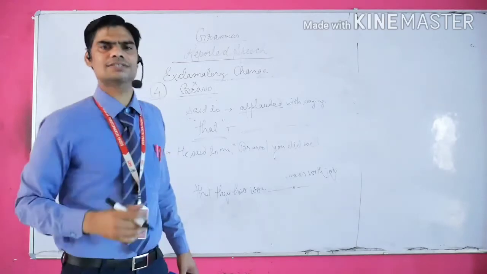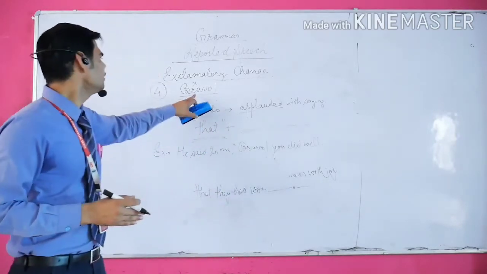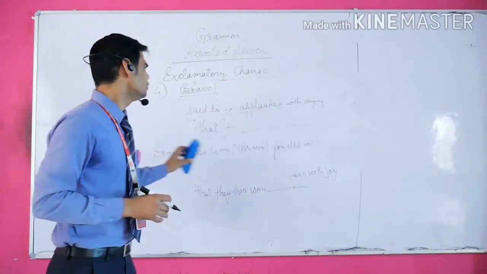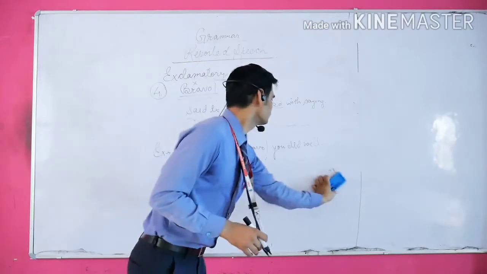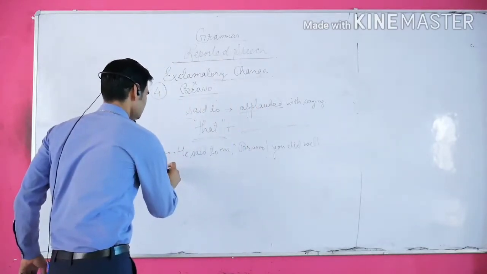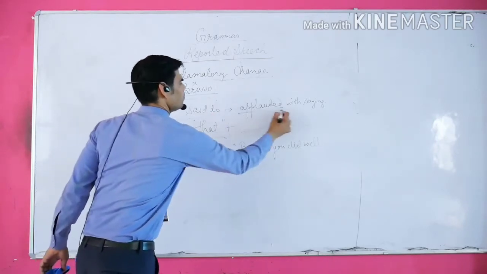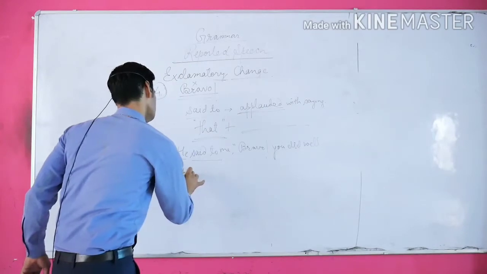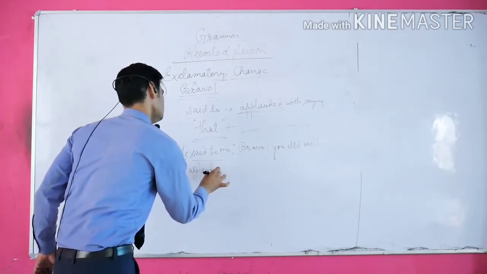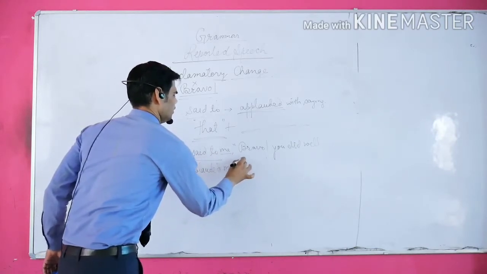You achieved this." We are talking here in an applauding, appreciating manner. So we will write here, this is direct, and we convert it into indirect: He applauded me with saying.